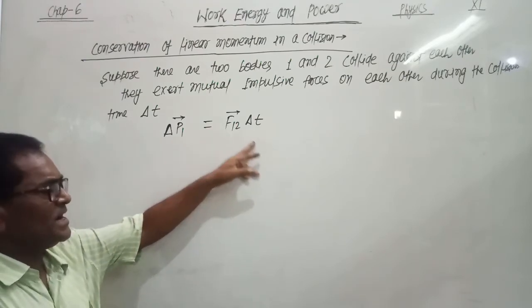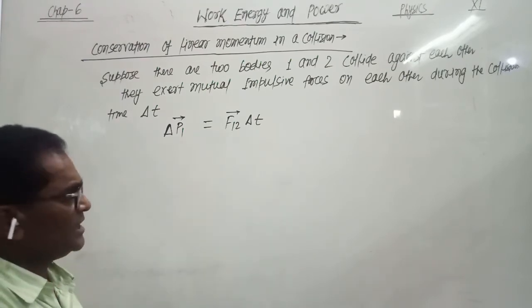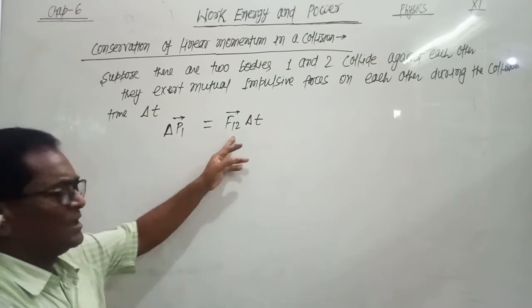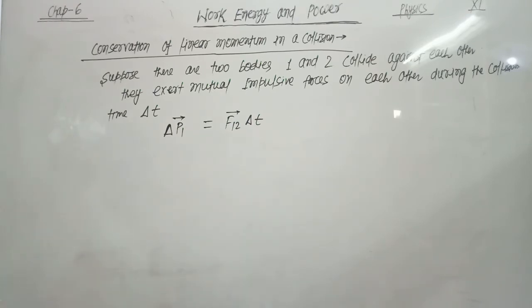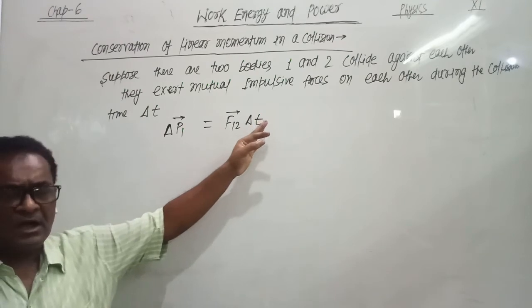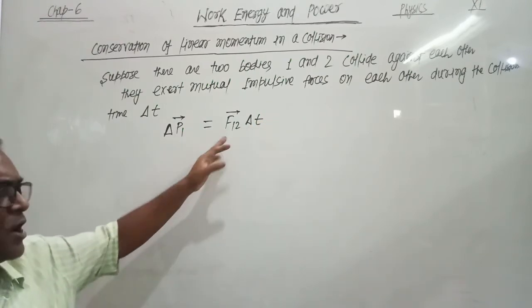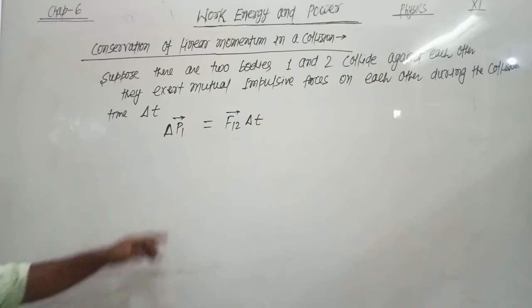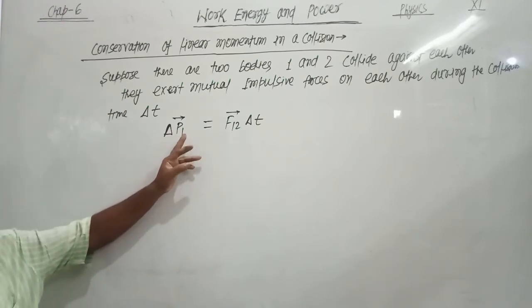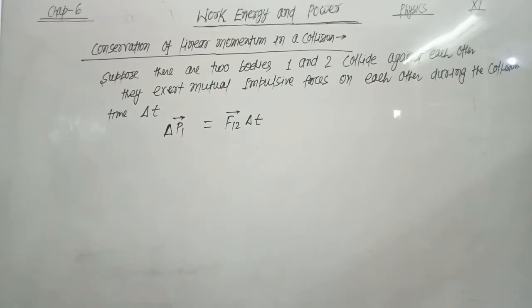Change in linear momentum is equal to impulse. Impulse equals force into time, the force acting for a very small interval of time. So the change in linear momentum of body 1 must equal the impulsive force times delta t.